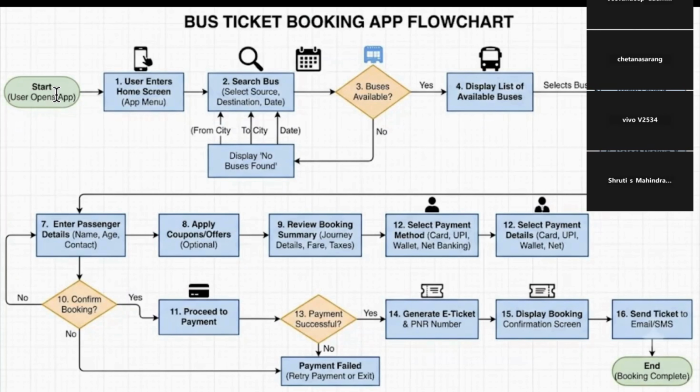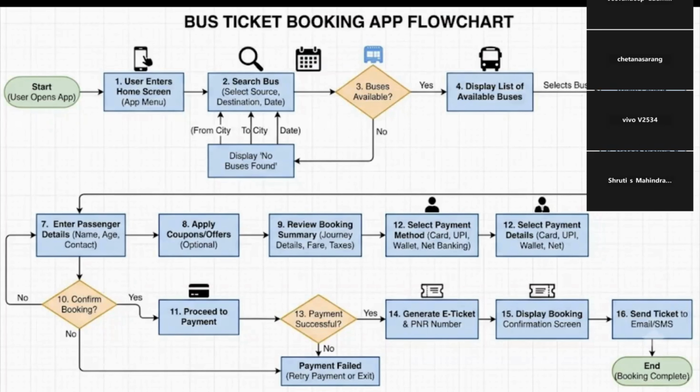We were talking about inquiry desk and entering the details. The first step is very simple, that is to open the app. And then the user enters the home screen, searches for buses with destination, date, from, display, and then the decision: buses available? Yes. If no, then no buses found, and it ends very quickly here.